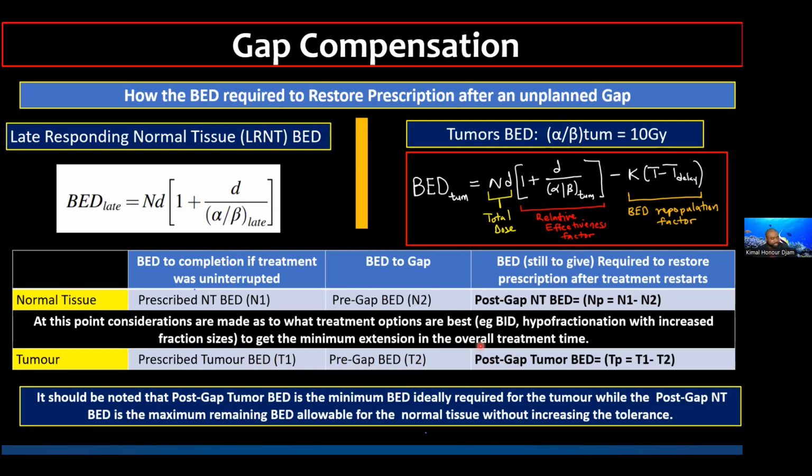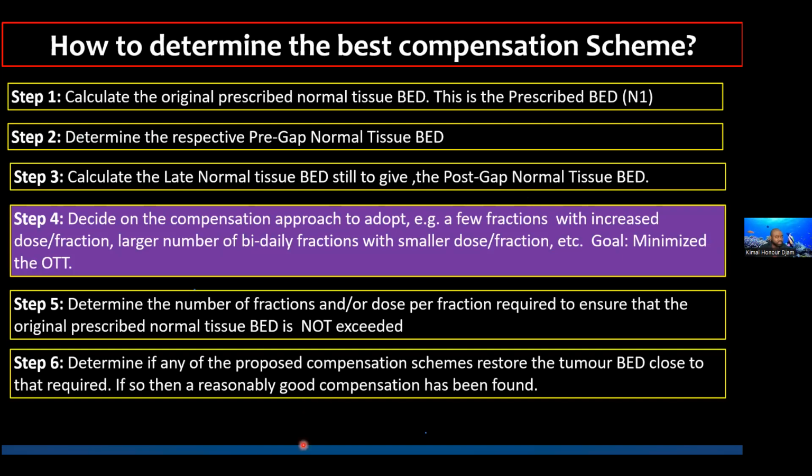Now, it should be noted here that the post-gap tumor BED is the minimum BED ideally required for the tumor, while the post-gap normal tissue BED is the maximum remaining biological effective dose allowable for the normal tissue without increasing the dose tolerance of the tissues.